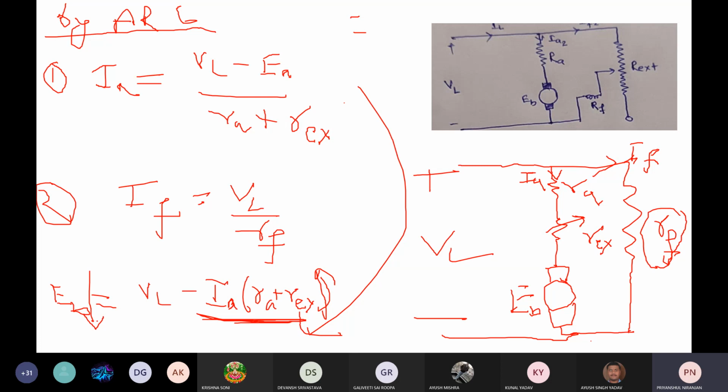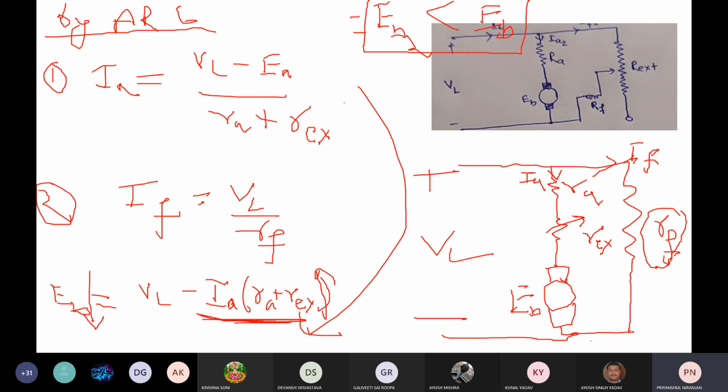So EB2, by using the armature resistance control, is the new EB, and EB is the original, so EB2 is always less than EB. क्यों भाई ये कह सकते हैं EB2 always less than the EB.